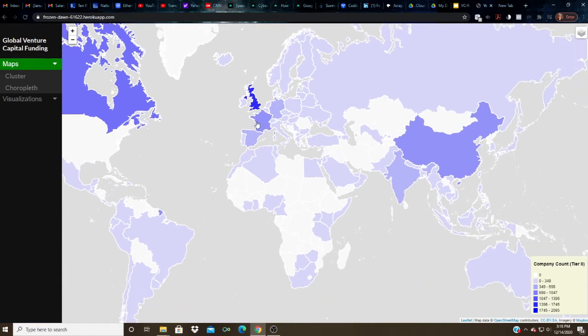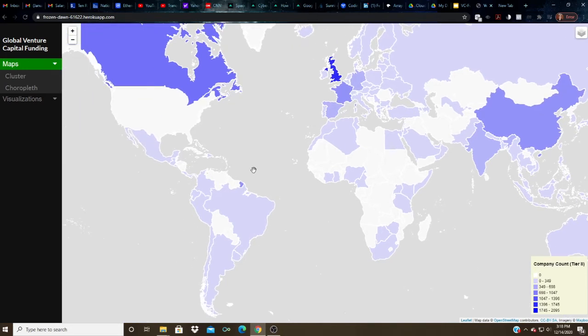Then you can see France has 713, China has 841, and India has 639, which was fewer than France in this case. Germany has 617, Spain has 455.